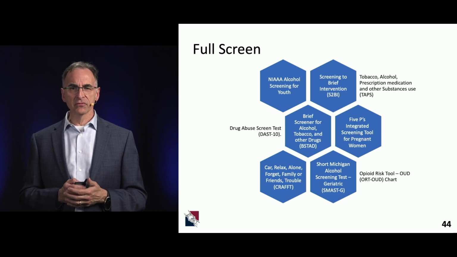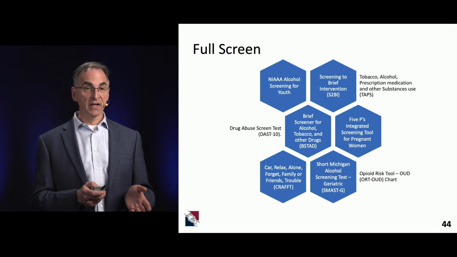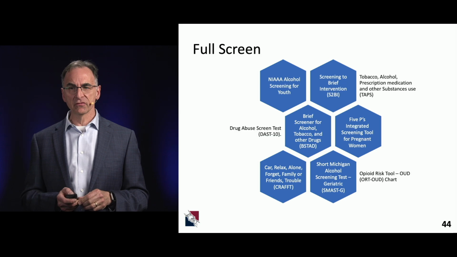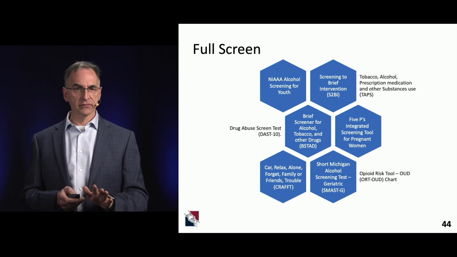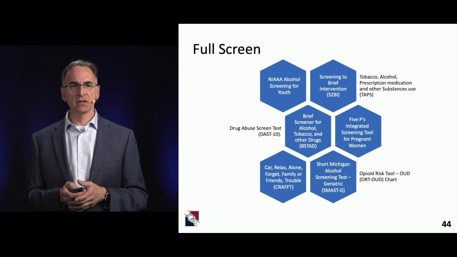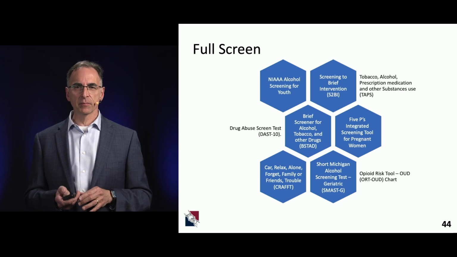Here are some examples of tools created for the general adult population, as well as those developed and validated for specific populations such as adolescents, older adults, and pregnant persons. This is just a sampling of the many full screening tools that can be adapted to your own practice if you have the appropriate training.